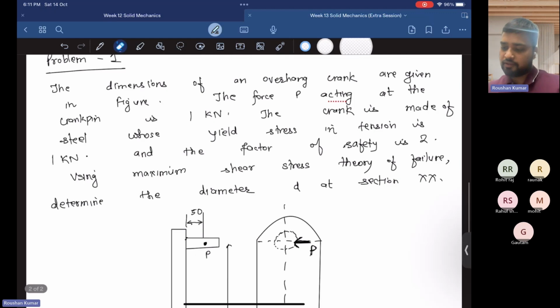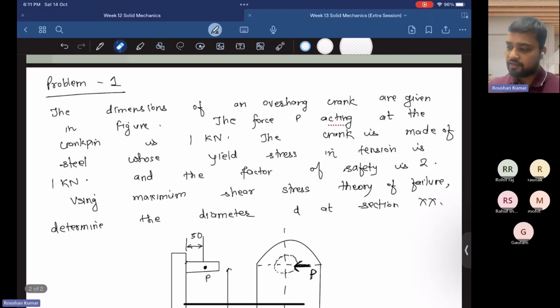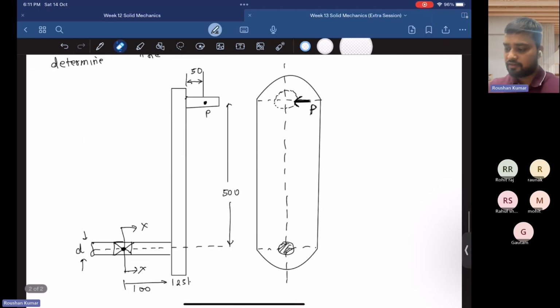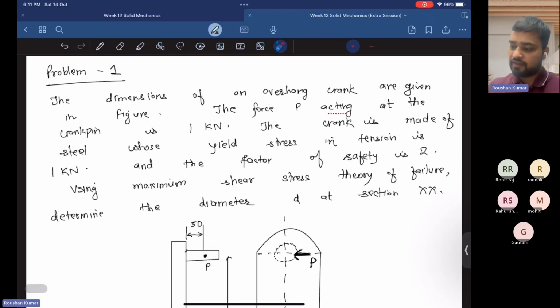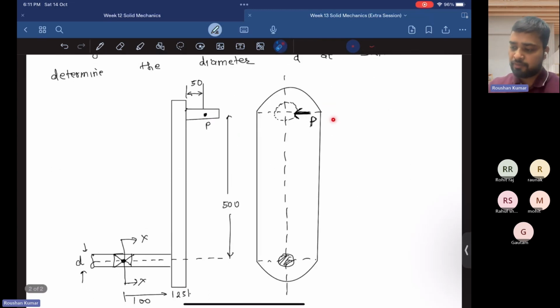So I'm repeating the question. The dimensions of an overhang crank are given in the figure. The force P acting at the crank pin is 1 kilonewton, mentioned here.